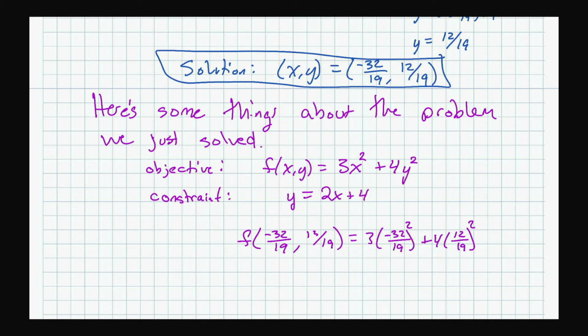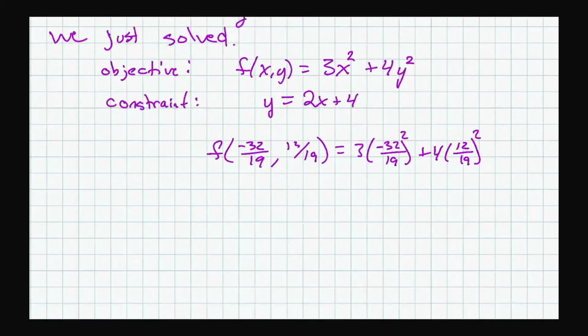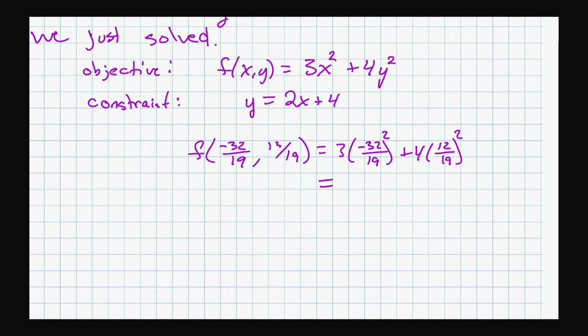Plus 4 times 12 over 19 squared. Boom. Okay, so it's 10.1052. It goes on forever, right?